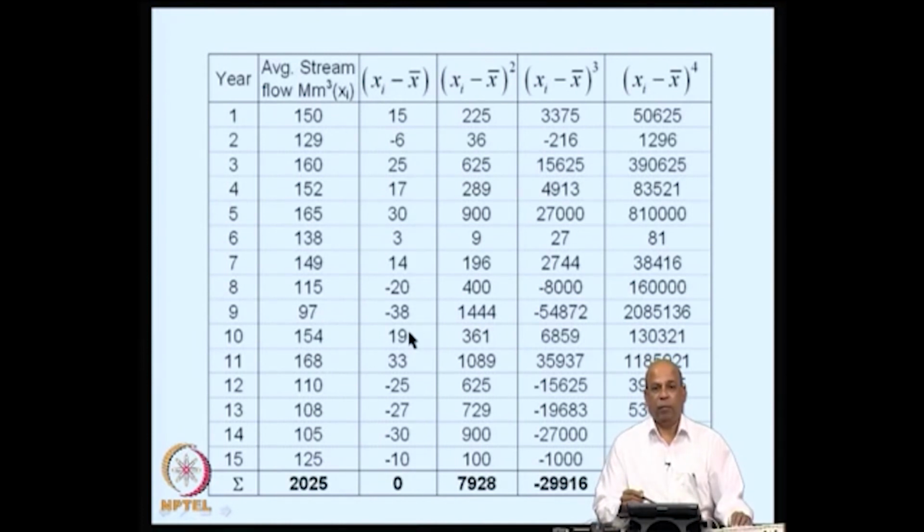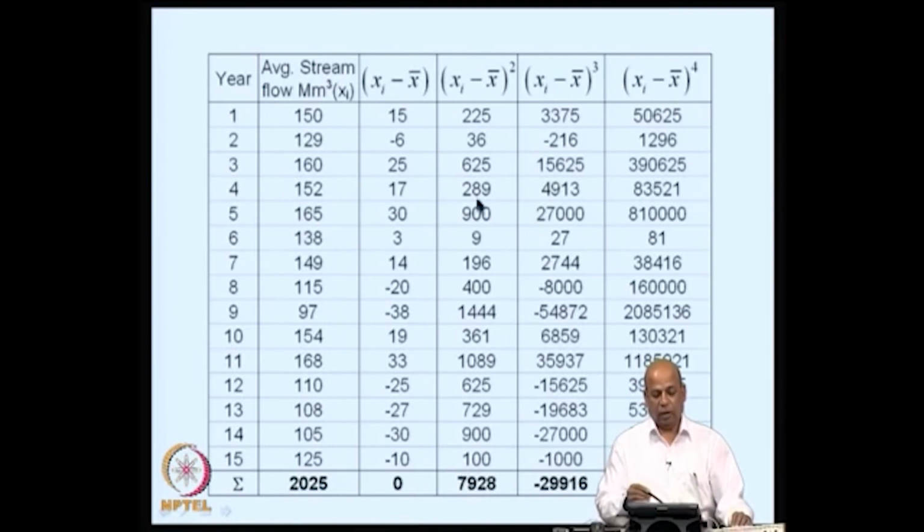In fact, a first order check of whether you are doing your computations right is that the summation of the first order deviation, x I minus x bar, must be equal to 0. Then we get x I minus x bar the whole square, which is simply this term squared: 6 square, 25 square and so on. Now, you add this up to get the variance.